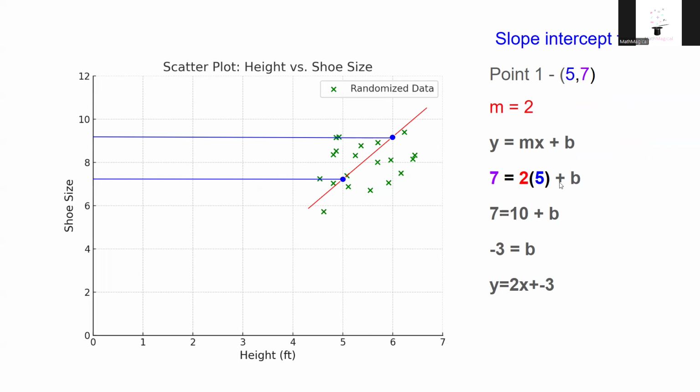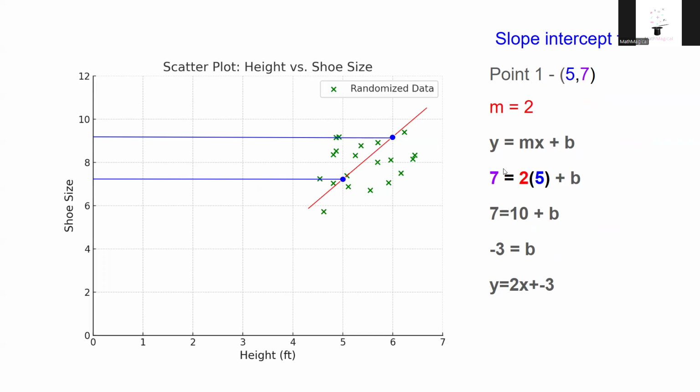Now, if we continue on using slope-intercept form, we choose one of the 2 points. I chose point 1. We could have chosen point 2. It doesn't really matter. You're going to get the same answer. So point 1 is (5, 7) with a slope of 2. And we can sub this information into slope-intercept form, which is y equals mx plus b.